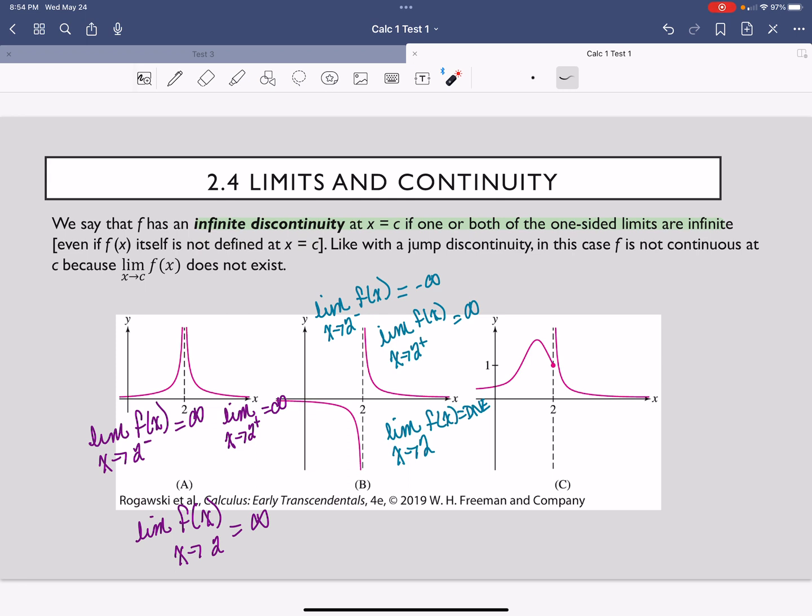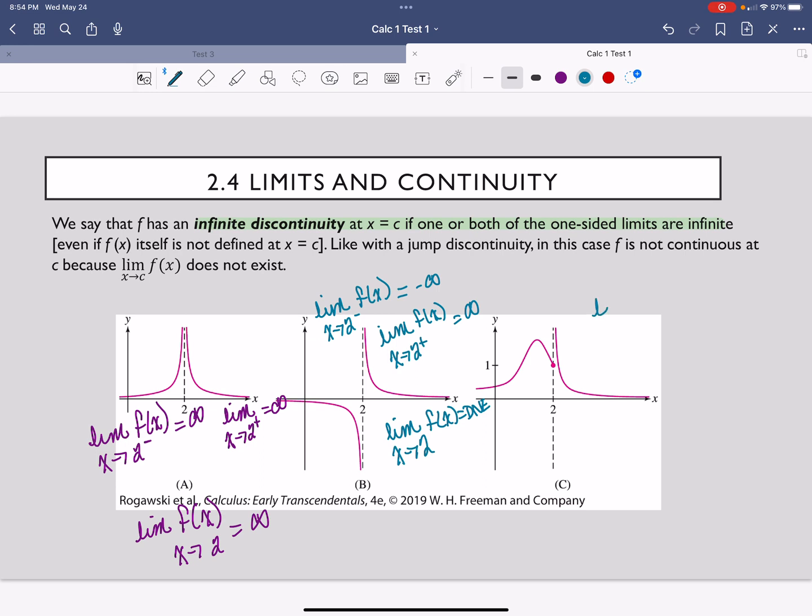Now, in this last situation, we have a limit that isn't infinity coming from the left.